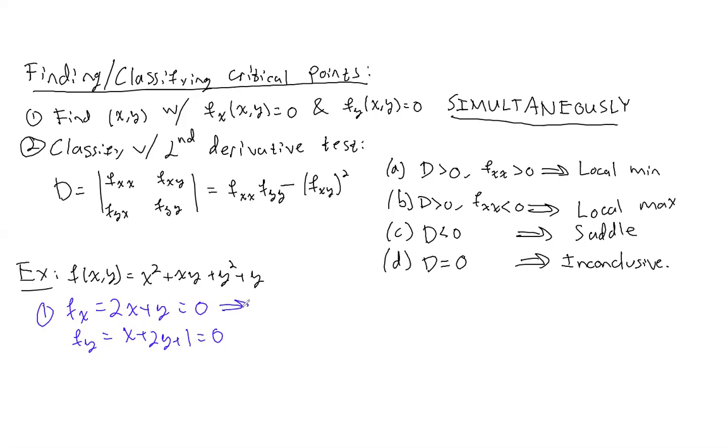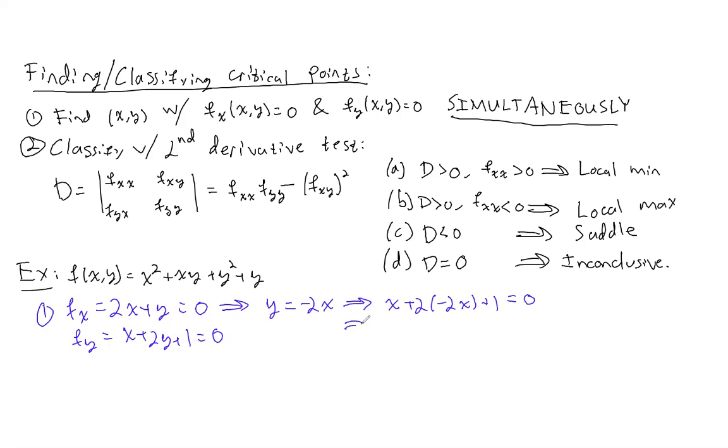Well, this first equation, how might we do this? One thing we notice is this first equation can be written as y equals negative 2x. And if y equals negative 2x, that means we've got x plus 2 times negative 2x plus 1 is 0. That's from the second equation.